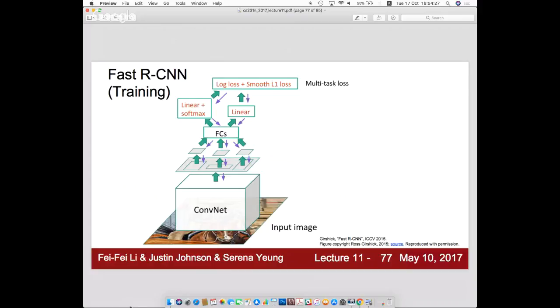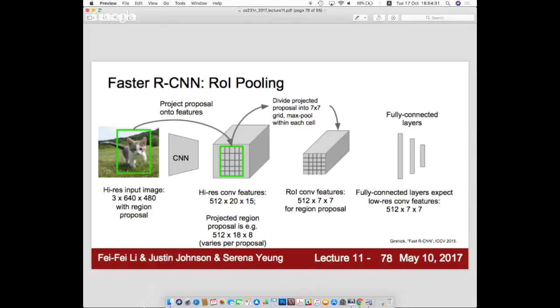So Faster RCNN was born using that concept, where they have a small network that actually proposes the regions of interest.